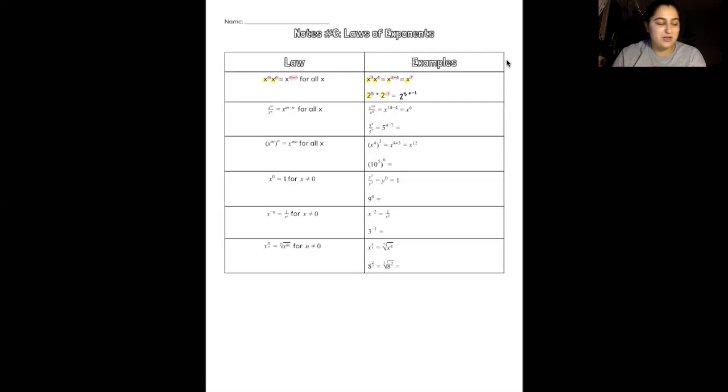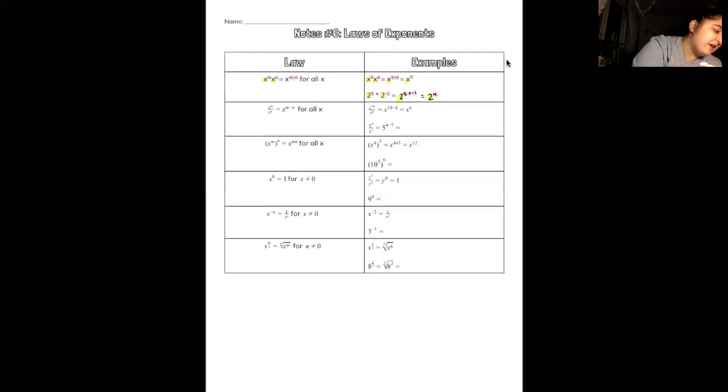So that turns into 2 to the 5th plus negative 1, which gives me 2 to the 4th. I'm just going to highlight this in yellow, highlight this in pink. So we see that we're doing the same thing here because 5 plus negative 1, that's just saying I have 5 things and I take 1 away. So now I have 4. So I end up with 2 to the 4th.